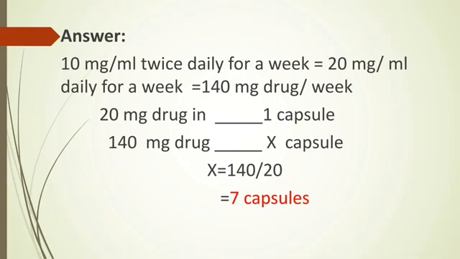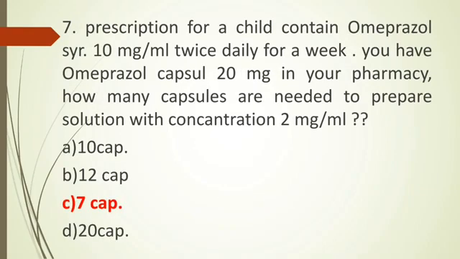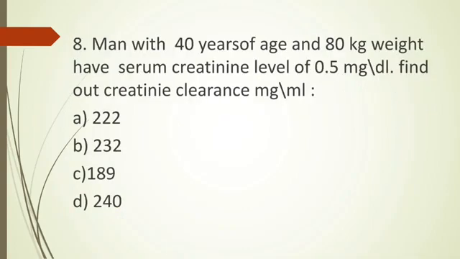So if one capsule contains 20 mg, we need X capsules for 140 milligram of drug. So X will be equal to 140 divided by 20, that's equal to 7 capsules. That is why I said you have to go through the questions very thoroughly. So the correct answer is option C, 7 capsules.